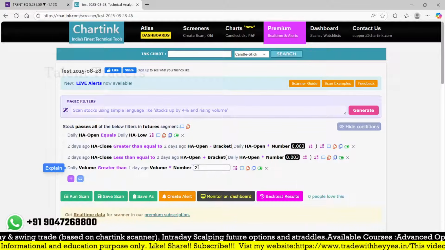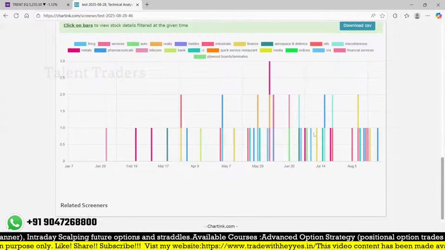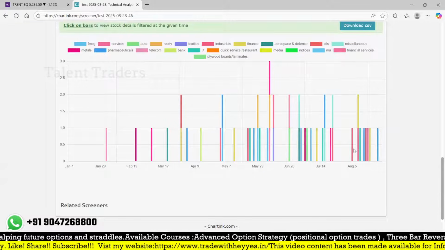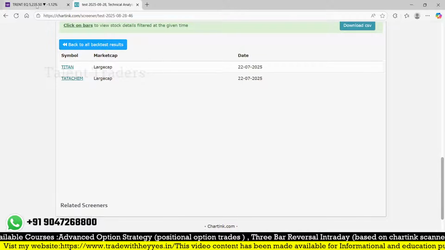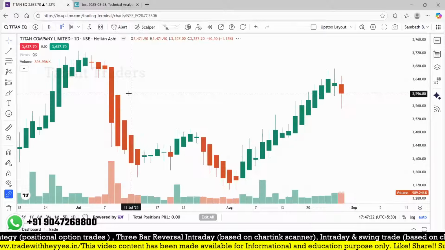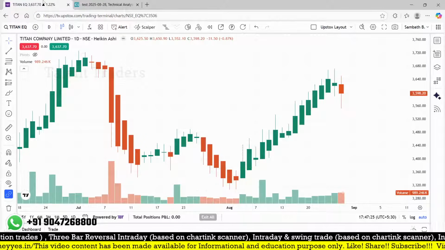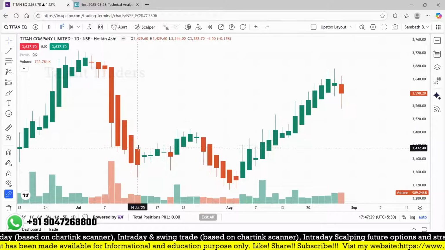Even if you want to add much more volume on the next day, say 3 times volume, you get a very small number of stocks. So here, let's randomly check Tata Chemical, Titan, 22.7.